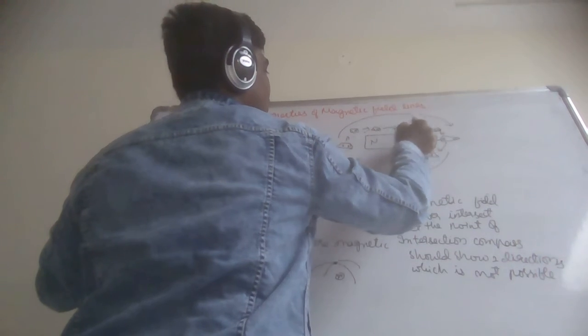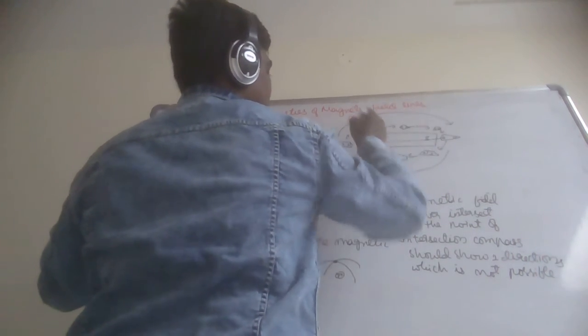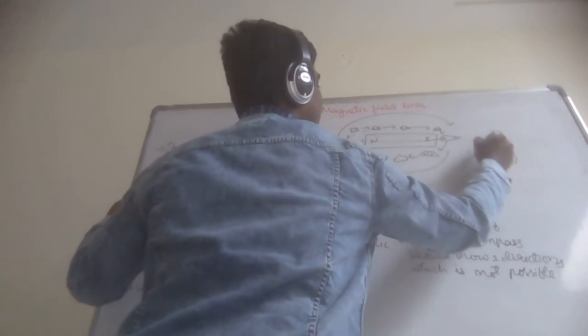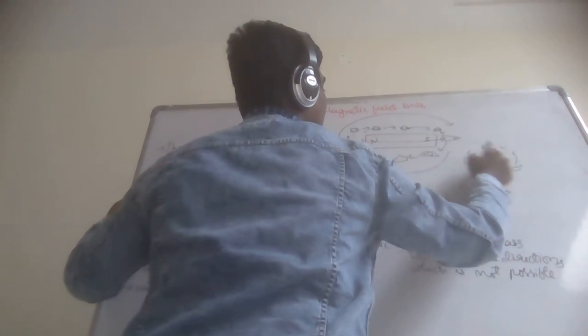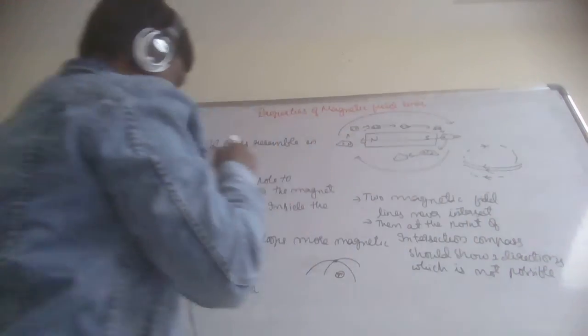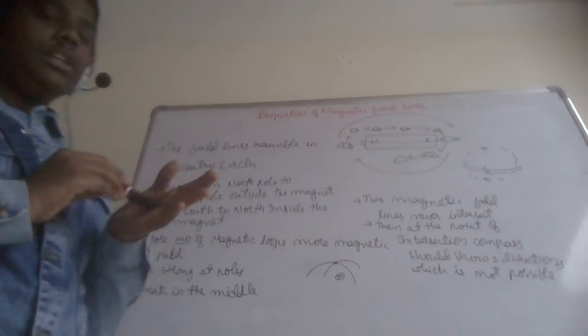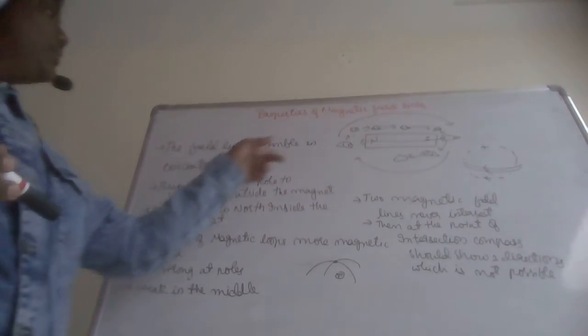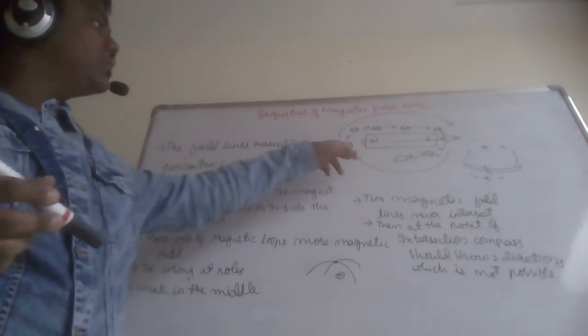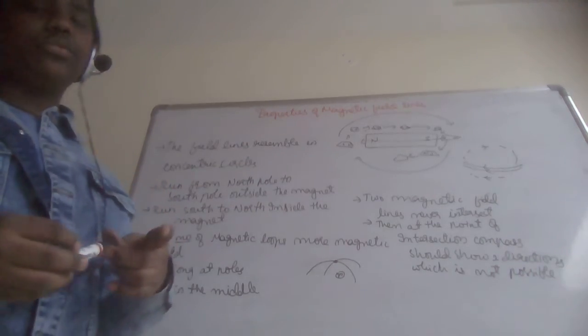Inside you see south to north. So as I showed, it is north to south outside and south to north inside. This is the activity that shows the direction of the magnetic field, that is, outside north to south, inside south to north.